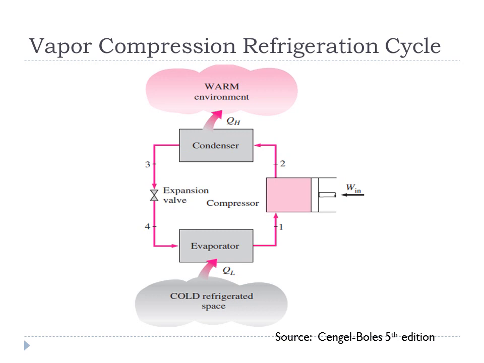Since in this expansion process throttling would happen, the pressure at the outlet of this expansion valve will be very low, as well as the temperature of the refrigerant will also become very low. It is so low that it will provide some cooling effect when it is supplied to the evaporator. Evaporator is nothing but the space where we require refrigeration effect.